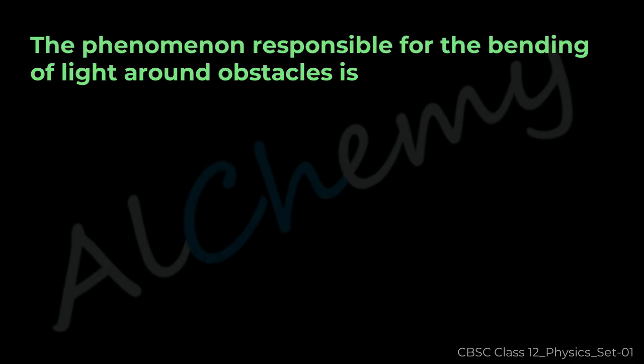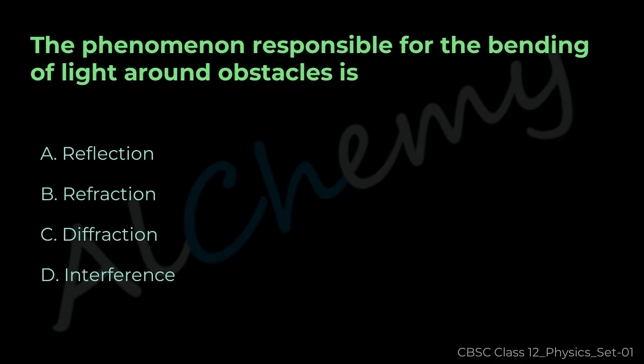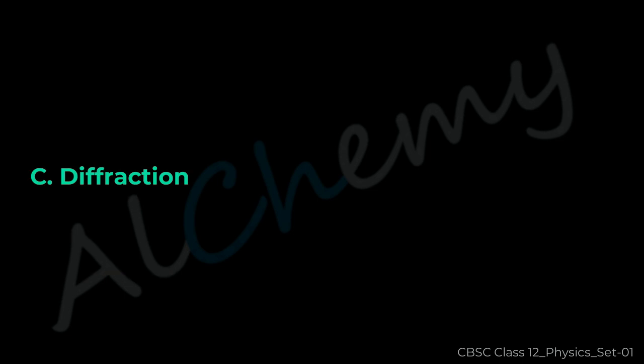Microwaves. Question 23. The phenomenon responsible for the bending of light around obstacles is A. Reflection, B. Refraction, C. Diffraction, D. Interference. The correct answer is C. Diffraction.